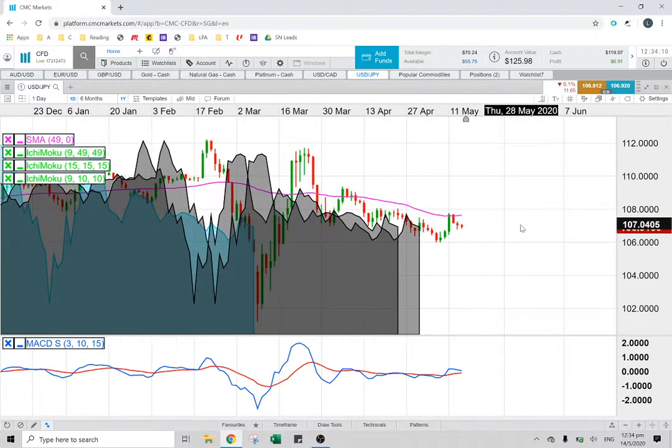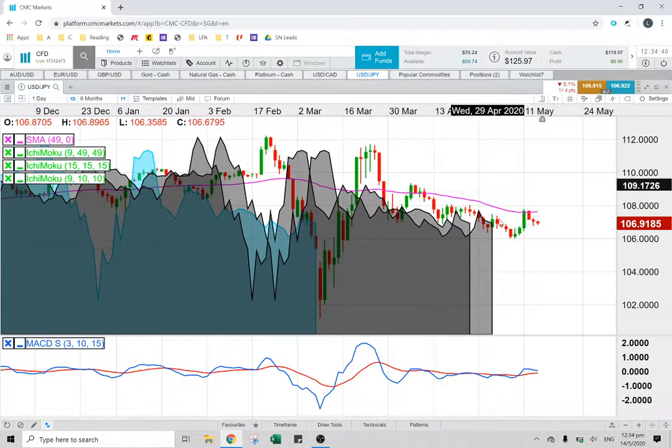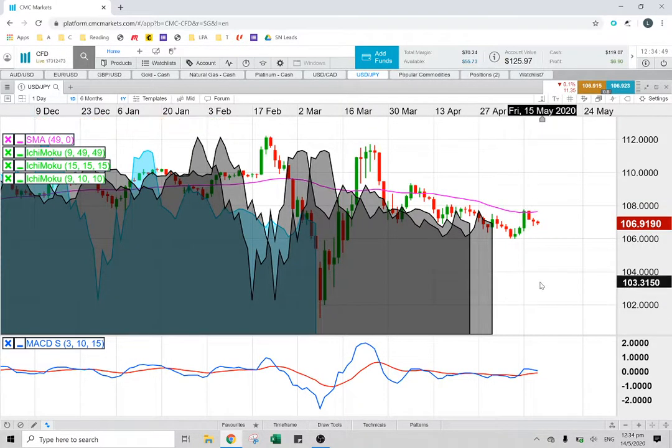Dollar yen. Okay, so trend line is starting to turn upwards. But it's been having choppiness in this area for a very long time, and although we could make a case to long the market given that it's starting to turn up, if price doesn't move up anytime soon, we are not going to see a good trade.